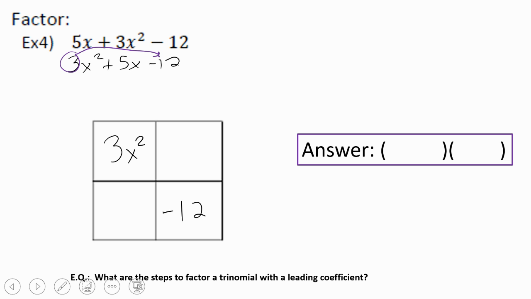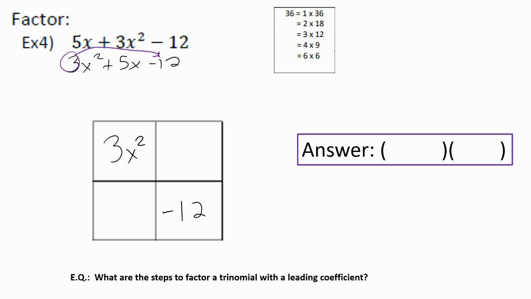And we know we get all of our factors of 36. And so from this list of negative 36, I'm going to write it negative 36 because it's a negative 12. We know we need to subtract to 5 instead of add to 5. Since it's a negative 36, it needs to subtract to 5.